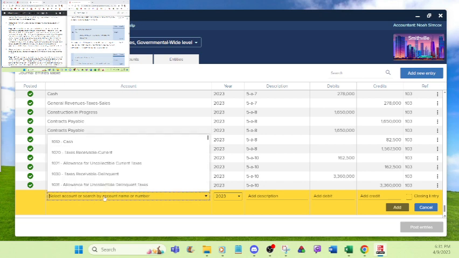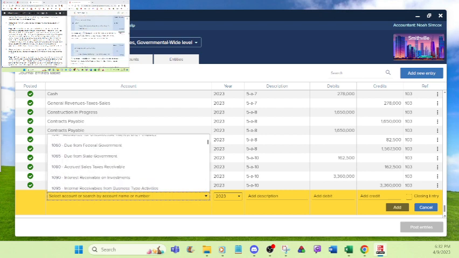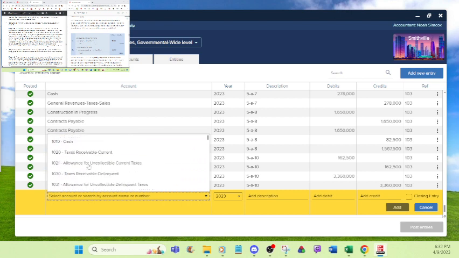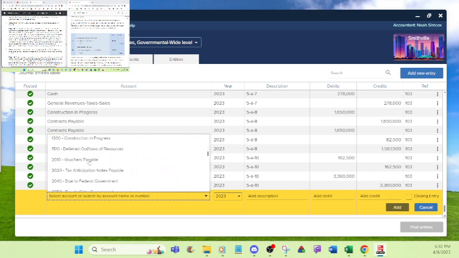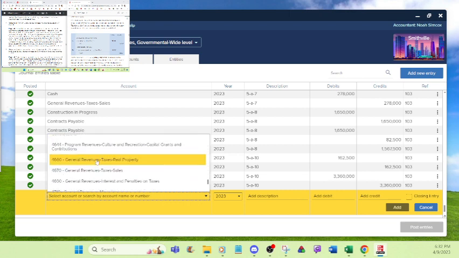Debit interest expense. Debit. What? It's just interest expense. Expenses interest on long-term debt. Holy crap, what?